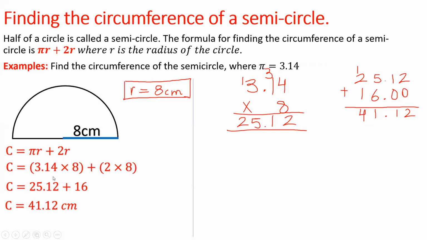Shadney, explain how we got 41.12 centimeters, please. First, we found the circumference of the semicircle where pi equals 3.14.